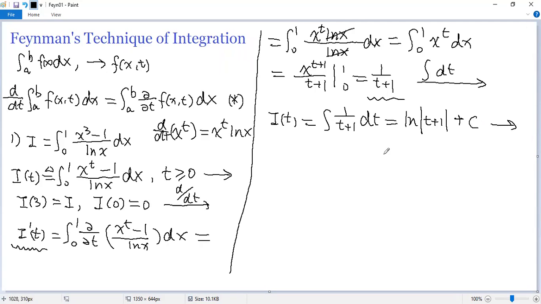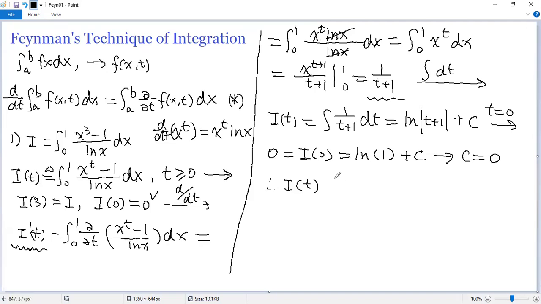To figure out the value of c, we let t equals 0. We know when t equals 0, I equals 0. So 0 equals I(0). But when t equals 0, this part equals ln 1 plus c. Ln 1 equals 0. So we get c equals 0. So we get the expression for I(t) without integral.